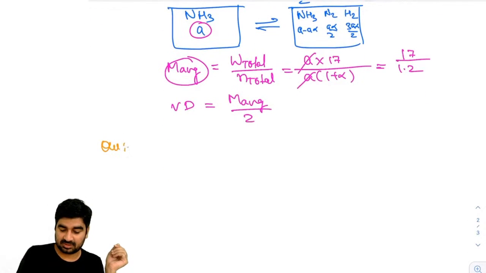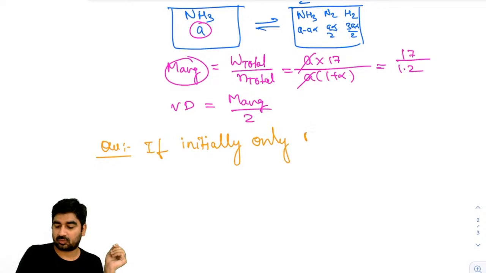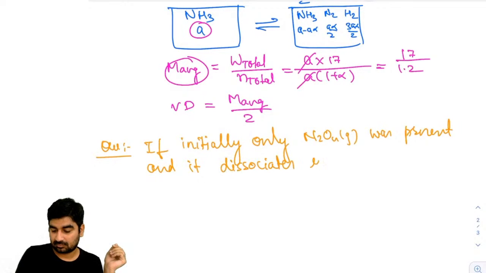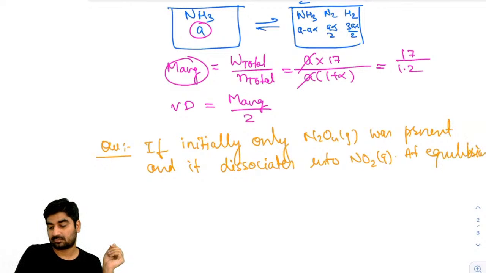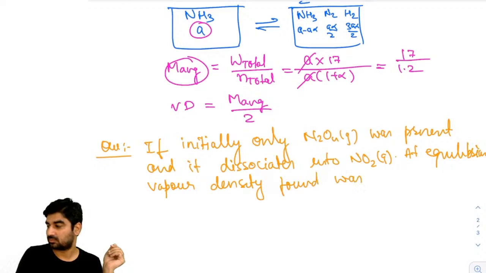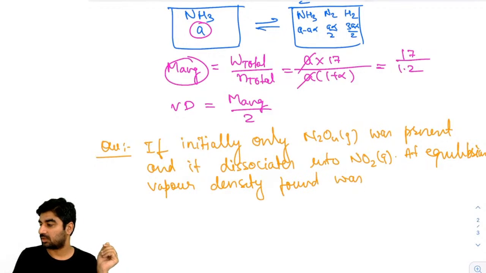If initially only N2O4 gas was present and it dissociates into NO2, and at equilibrium the vapor density found was 30.